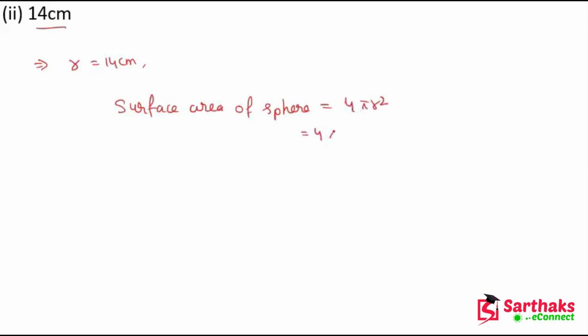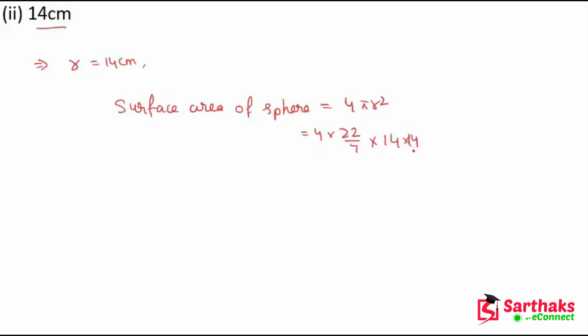Now we have to find the surface area of a sphere of radius 14 centimeter. Here r is 14 centimeter. The surface area of a sphere is 4 pi r square, so 4 into 22 upon 7 into 14 into 14.